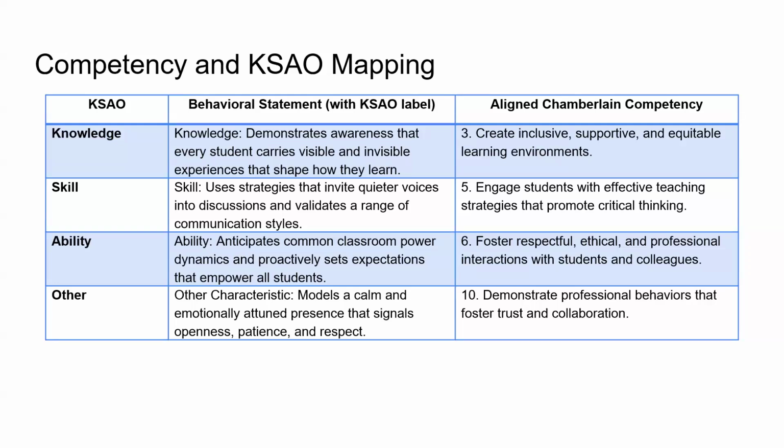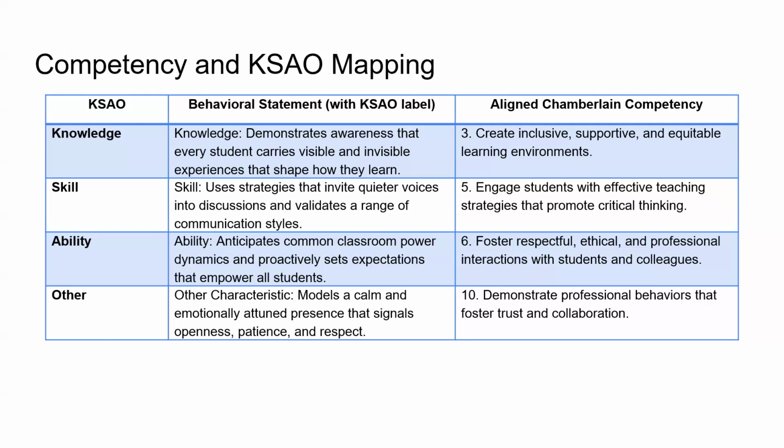So, what you saw in the matrix for adaptive behaviors is actually knowledge, skills, abilities, and other characteristics. And here you see we've been able to map the statements that are in the matrix to align with the Chamberlain 10 shared competencies. So this is a sample.